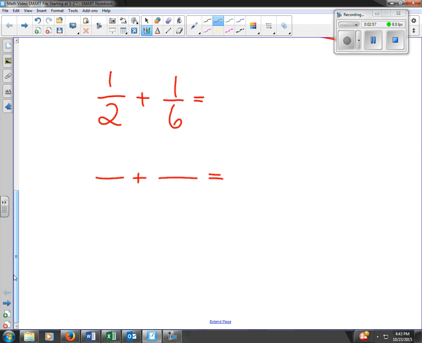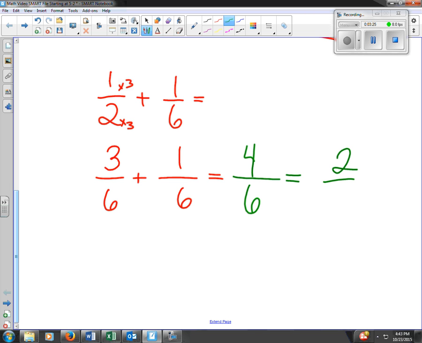Obviously, 2 can go into 6, so I'm going to make the denominators be 6. 2 times 3 gives you 6, so you have to do 1 times 3, so that's 3. You leave the other fraction alone. Then when you add straight across, you put the denominator down, and again this becomes an integer problem. 3 plus 1 is 4, so 4/6, and then you simplify to 2/3.